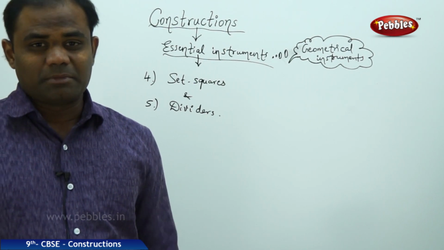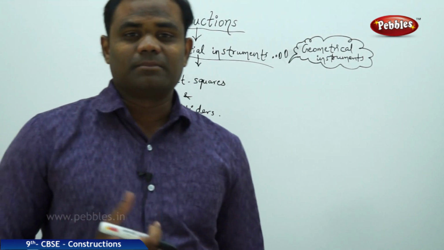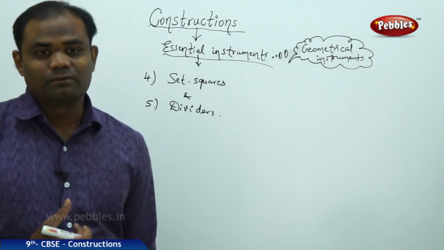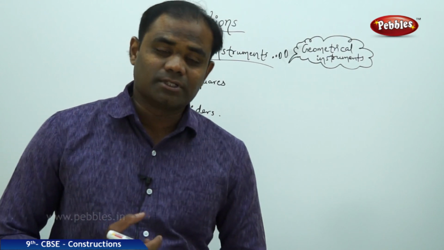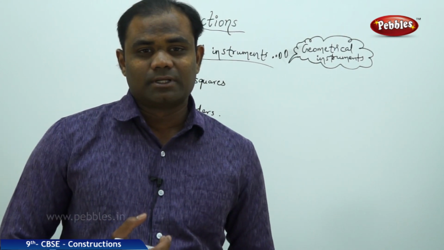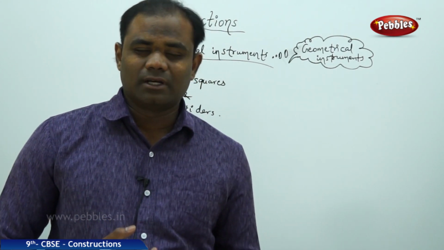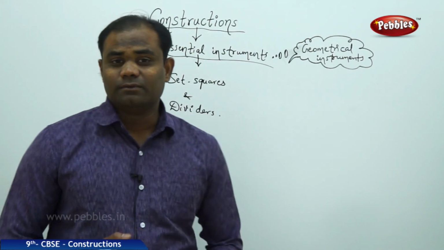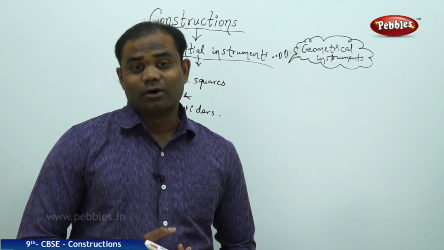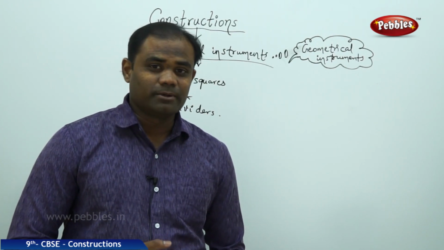These concepts can be understood better if we apply them when we solve problems. So these are the set of 5 important geometrical instruments: the ruler, the compass, the protractor, the set square and the divider.